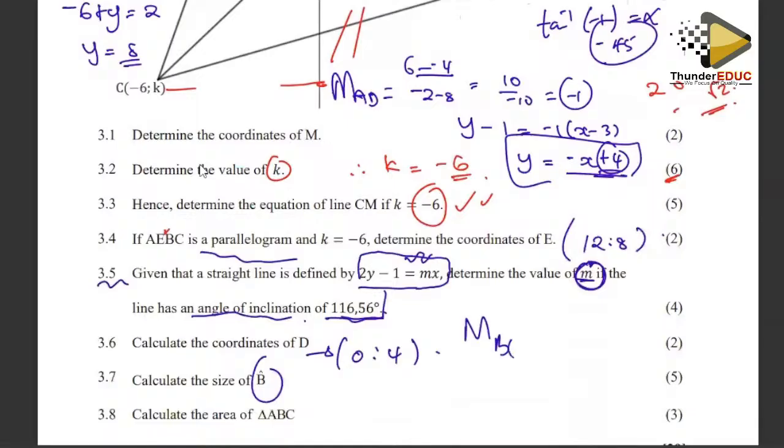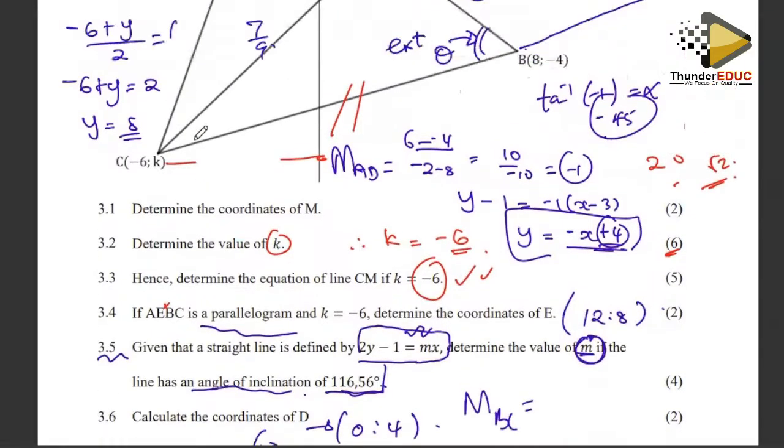Let's look for it. BC is going to be -4 minus 6 over 8 minus 6.